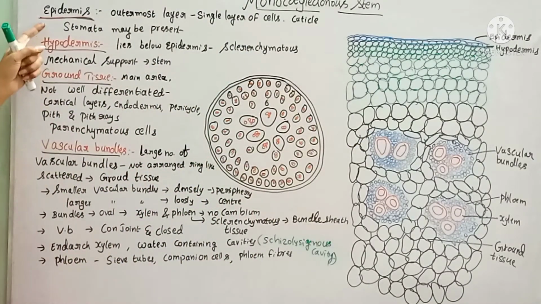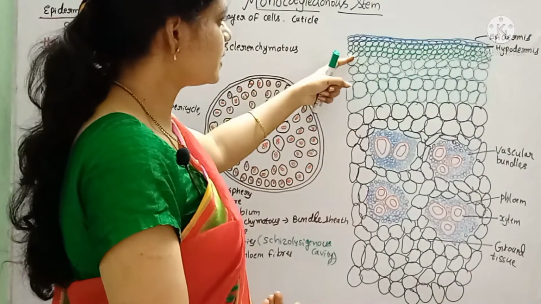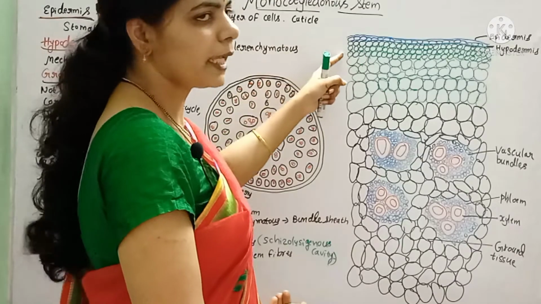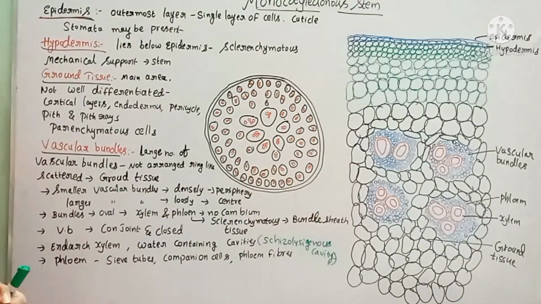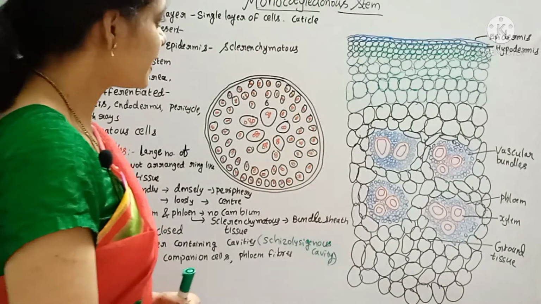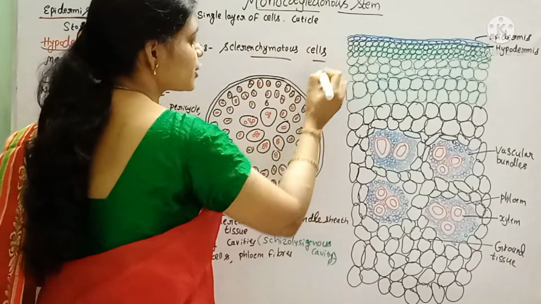If you see, the next part below the epidermis is the hypodermis. This hypodermis is made up of sclerenchymatous cells, that means sclerenchymatous tissue.